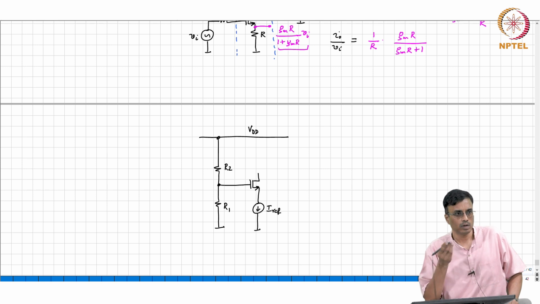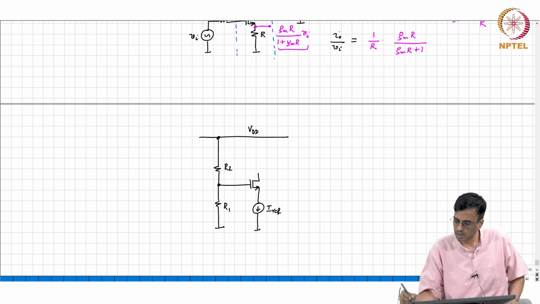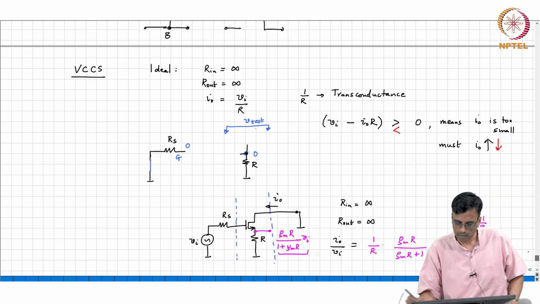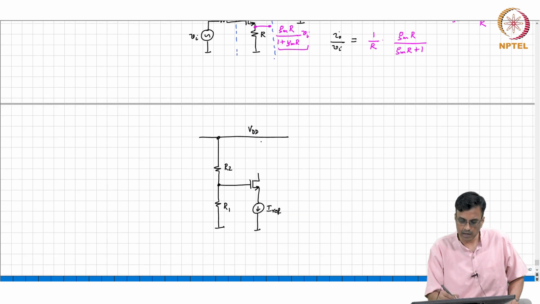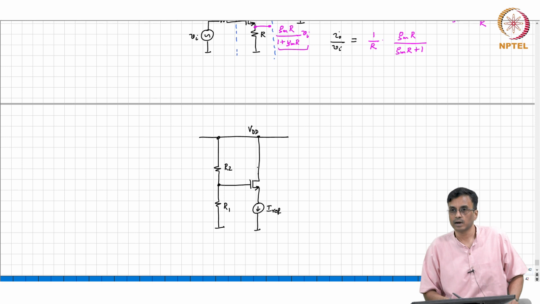What should I do? What do we do here? Ground it. So, in the real circuit, connect to VD. Okay, all right. And then what are we going to do now? Connect an R parallel to Iref.